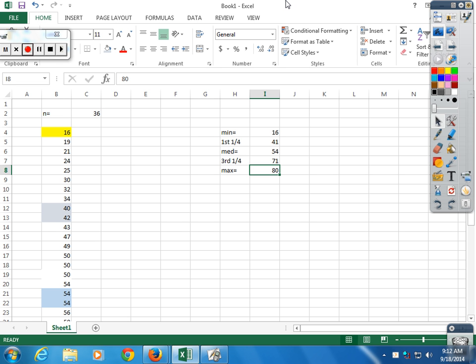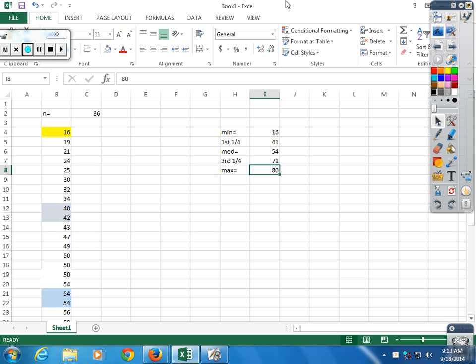And there are many teachers that teach that method. There's another method, and I'll show that to you in just a second. So how do you find the second quartile? You find the median, which is the middle two numbers. Since n is 36, it's even, so the middle two numbers divided by 2.